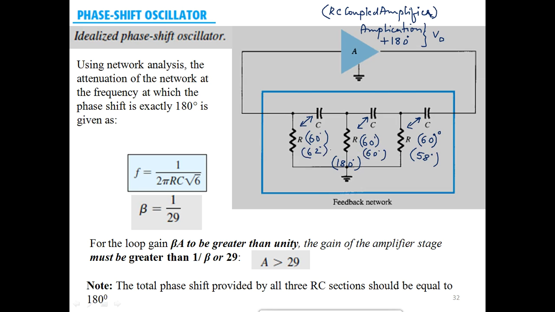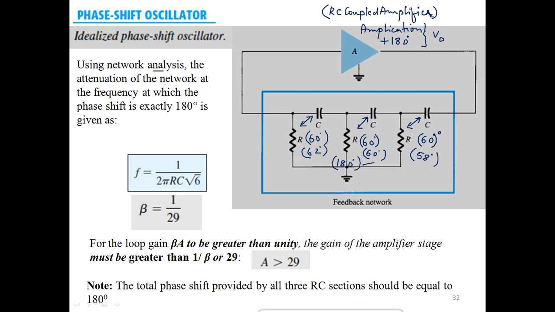This is practical. So the point is that altogether somehow we have to obtain the phase shift of 180 degrees. Fine. So that was one very important point about the feedback network, which consists of 3 parallel R and C's.